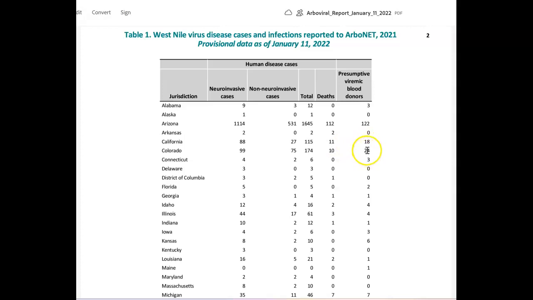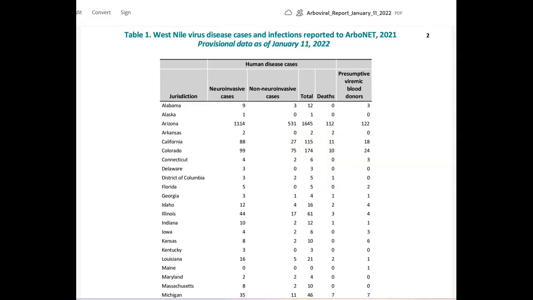Also, the presumptive viremic donors. So as long as we see here, 112 versus 11 versus 10. And the total cases then is 1645. And also the two cases that I went over, California and Colorado, have a higher number of cases.